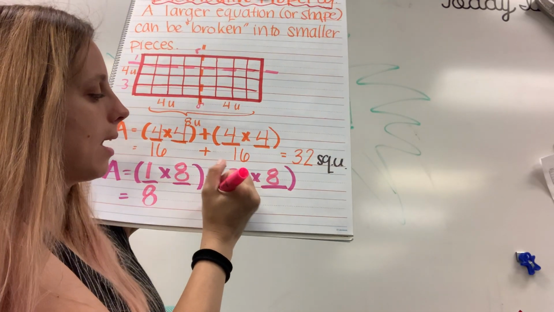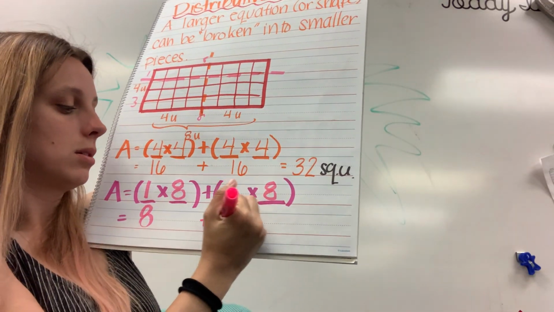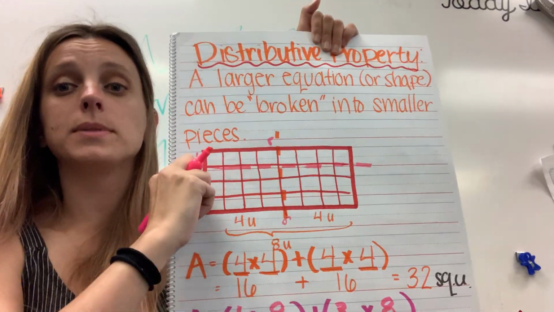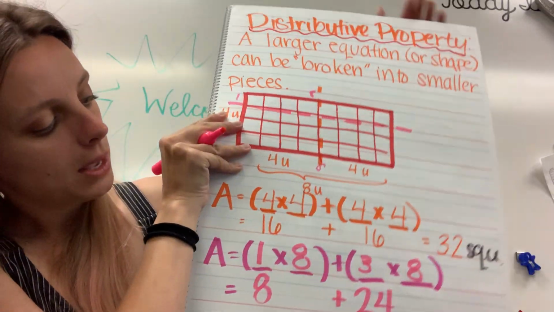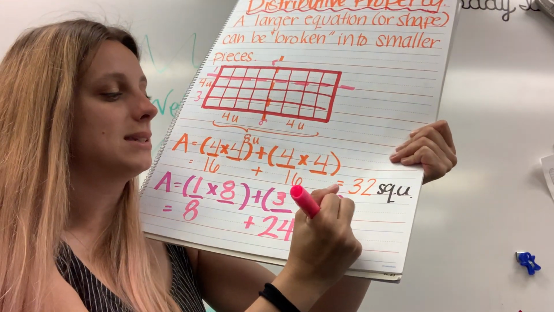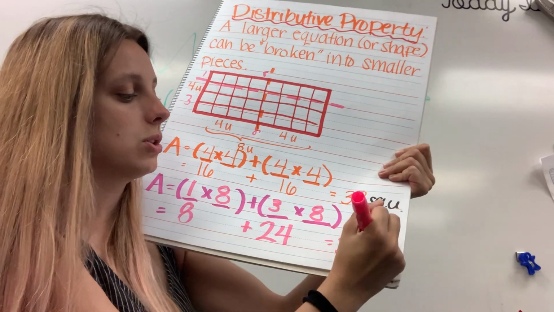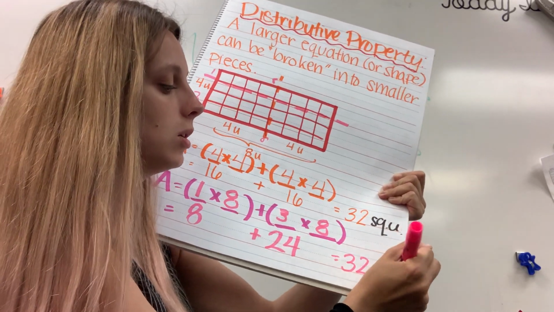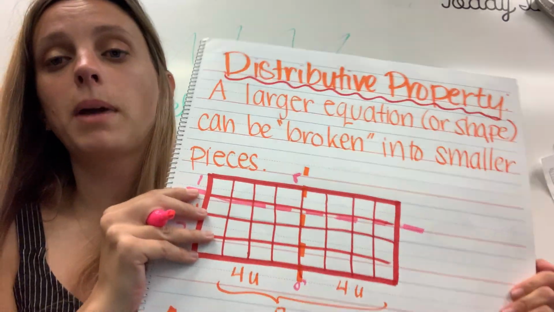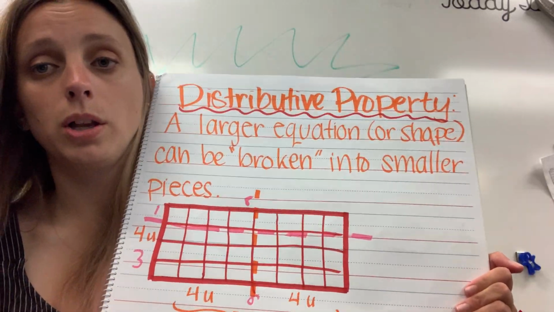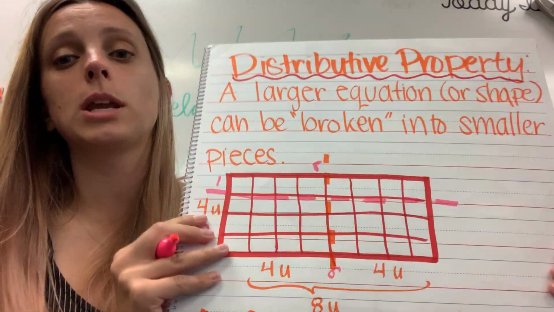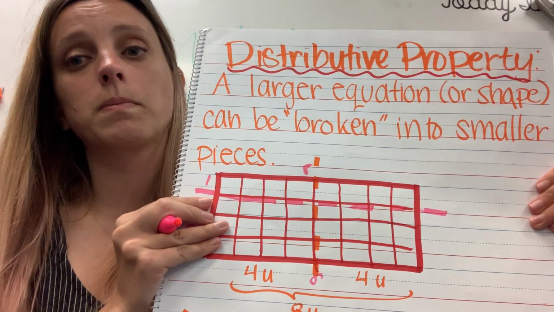And I'm going to add that to 3 times 8, which would be 24. And that would be the area of this whole bottom section with the new way I've cut it. All right, so I would add 8 to 24, and I would still get 32 square units, or units squared. So it does not matter where I cut my problem, how I decide to make those pieces smaller. Either way, it helps me find the area of the whole shape because the shape itself did not change.